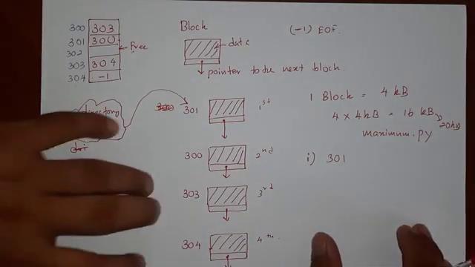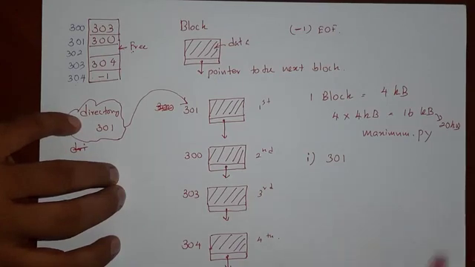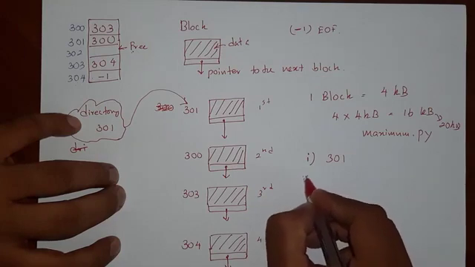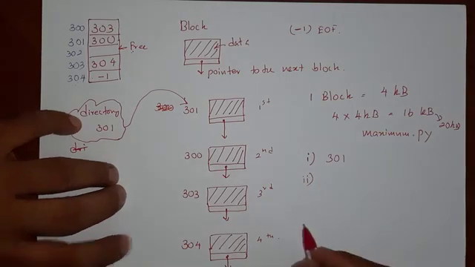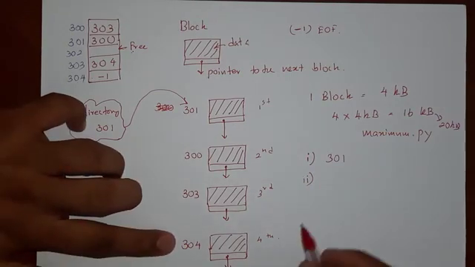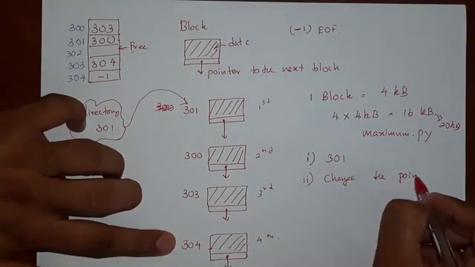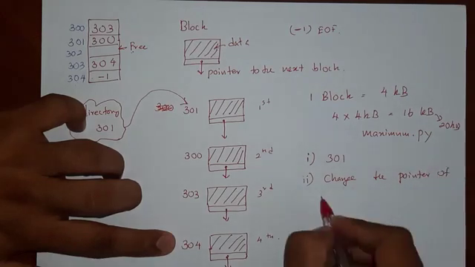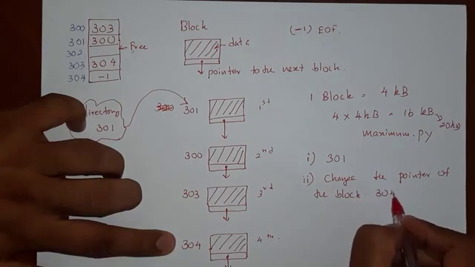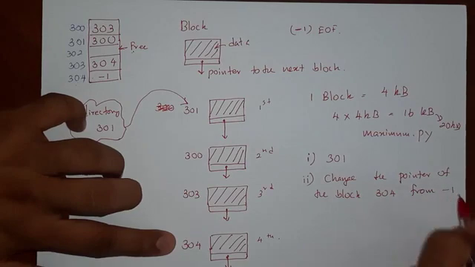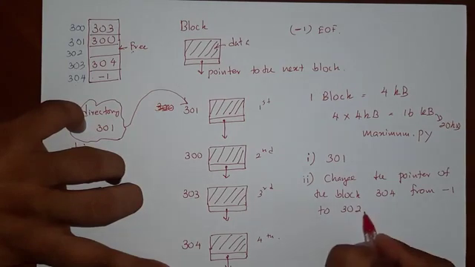So the answer to question number 2 can be written like this. Change the pointer of the block 304 from -1 to 302 is the first one.